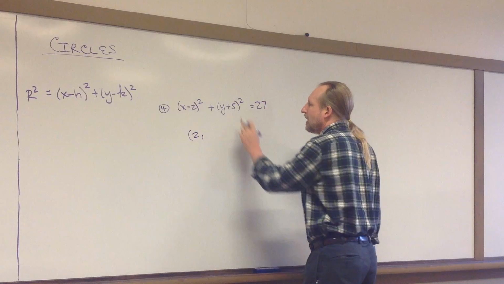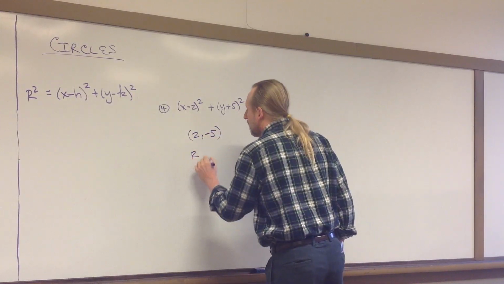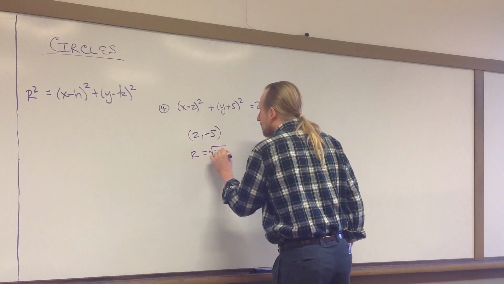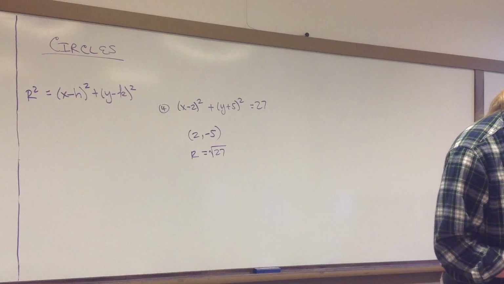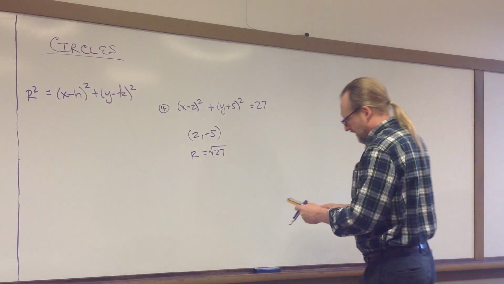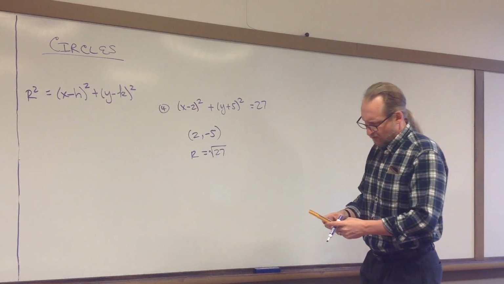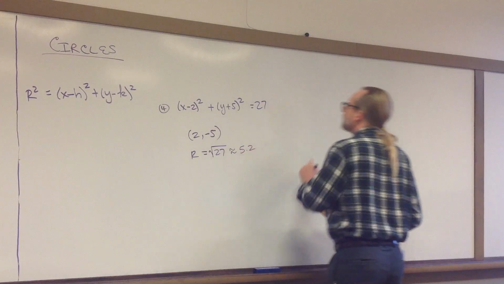So the x will be positive 2, the y will be negative 5, and our radius is going to be the square root of 27. We can get a good approximation for that. It's going to be 5 point something, right? Because 5 squared is 25, so yeah, 5.2 is a pretty good approximation.